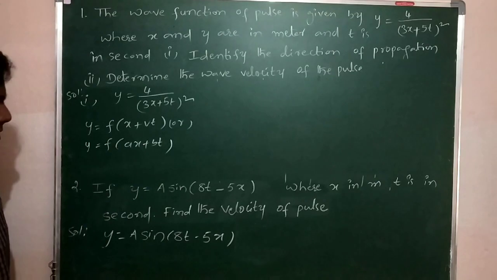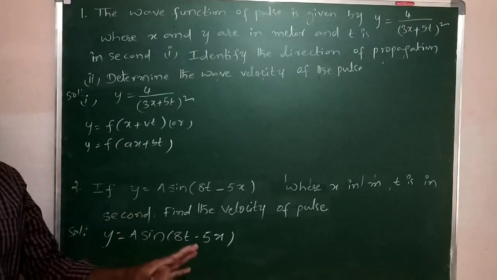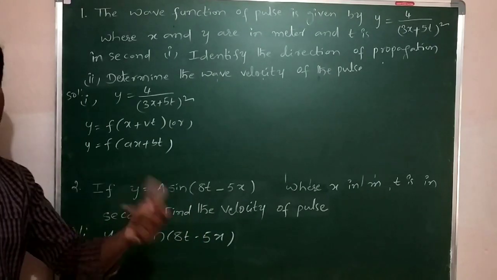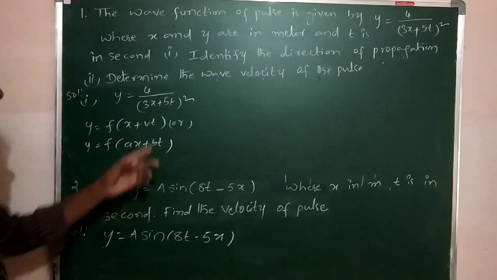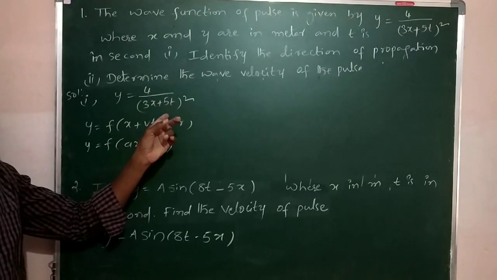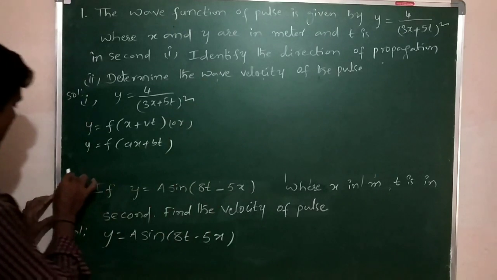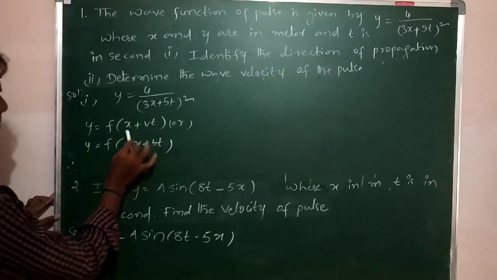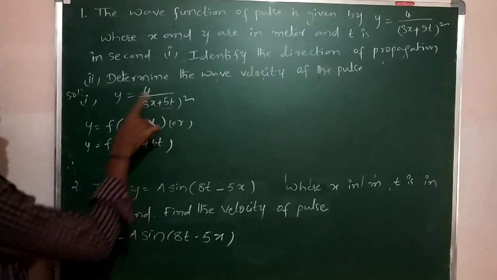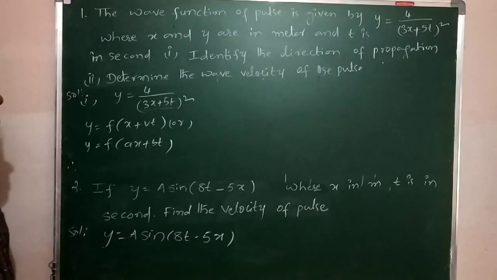Any one of these equations represents a wave pulse moving along the negative x direction. Hence the given wave is moving along the negative x direction, because here 3x plus 5t is given, with a plus sign.